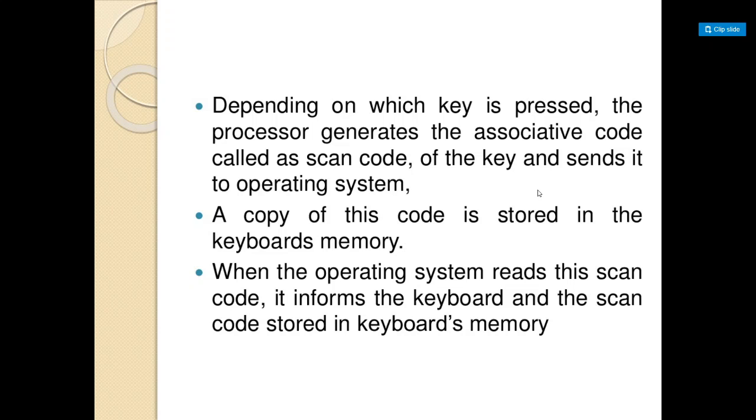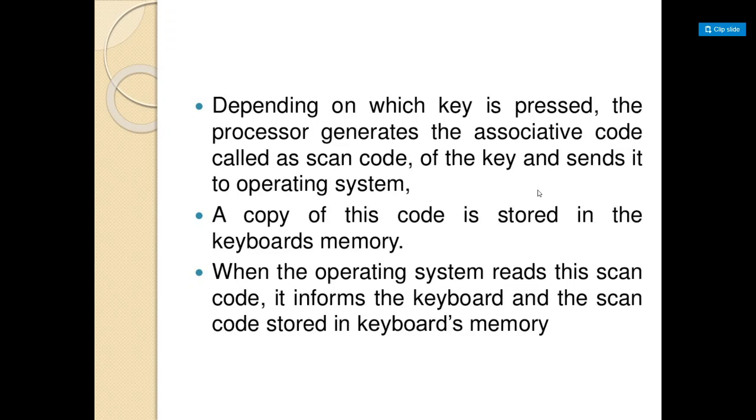So simply when you press the key, the processor generates the associated code called a scan code. That is, it scans what key was pressed on the keyboard, and sends it to the operating system. The copy of this code is stored in the keyboard's memory. Okay, there is a small buffer for a little time, to remember what was pressed.